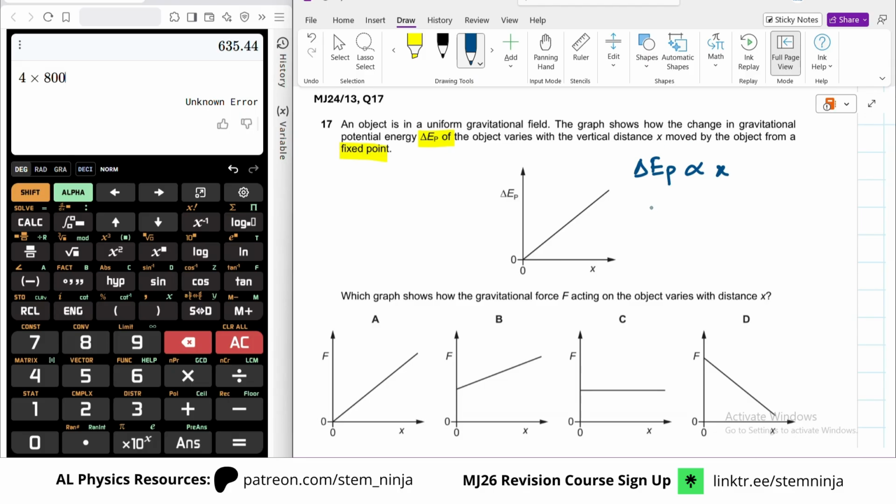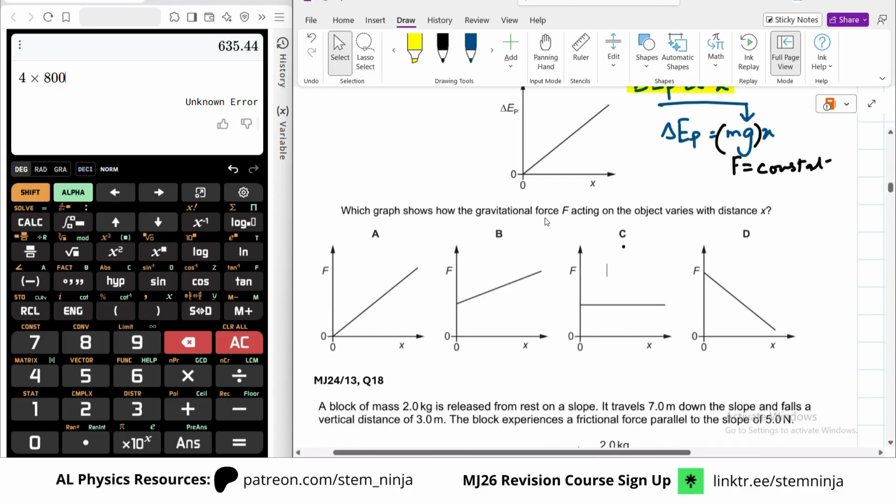We already know that the change in EP is basically mgx. So this equation basically tells us everything. However, since it is proportional, this means that this part over here, which is the force, is constant, which means that the force to distance relationship would be constant also.